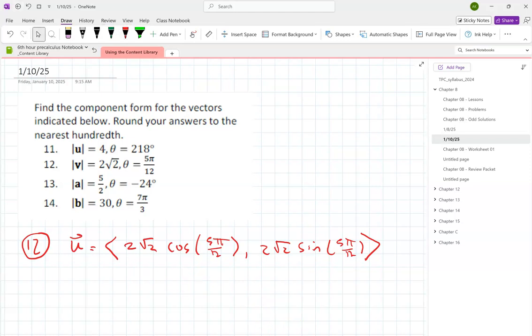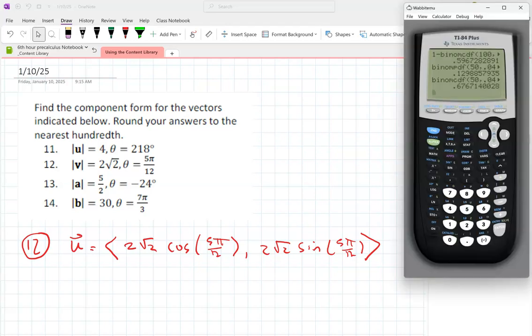So what do you notice that looks funny about the angle measure that's given to me? Yeah, it's in radians. So before I start typing this into my calculator, I'm going to change it to radian mode. Then I have 2 root 2 times cosine 5 pi over 12, and I'll press enter.